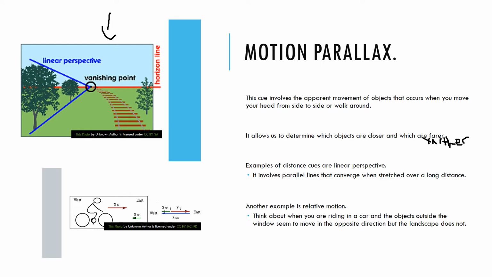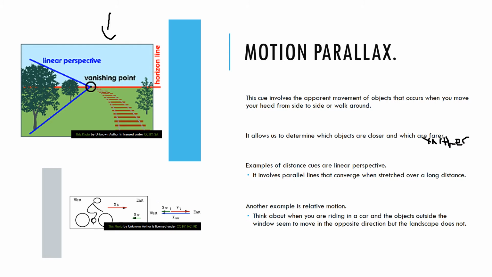Again, we know that these railroad tracks go on and on for however far they may go. They don't just meet the sky and disappear, but we call that the vanishing point. This is known as linear perspective because as things get further and further away from us, we understand that the railroad tracks are still going on even though we can't see them.